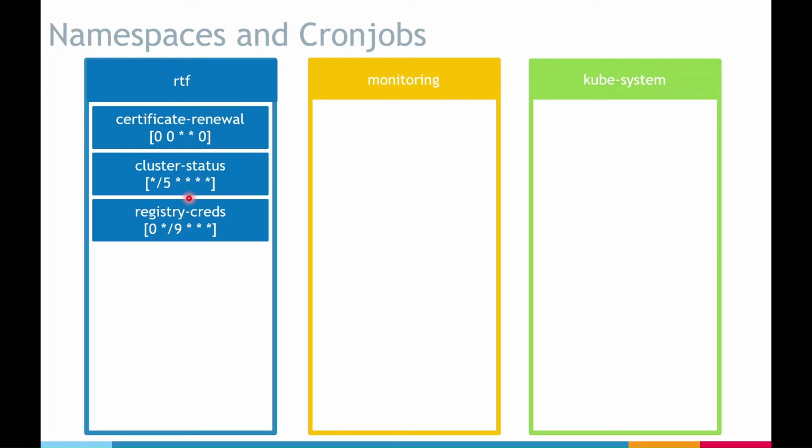Now, the interesting thing to see here is the certificate renewal and the cluster status. Cluster status runs every 5 minutes. One of the tasks of cluster status is to also check the certificate being used by the agent. In certain cases, when the certificate is about to expire in the next 20 days, or maybe 28 or a month, I don't have the exact number, but it's around a month, the cluster status pushes the status as degraded every time because it runs every 5 minutes.